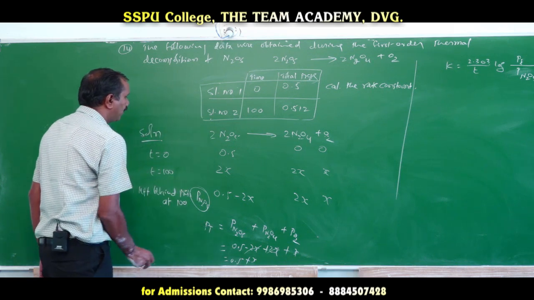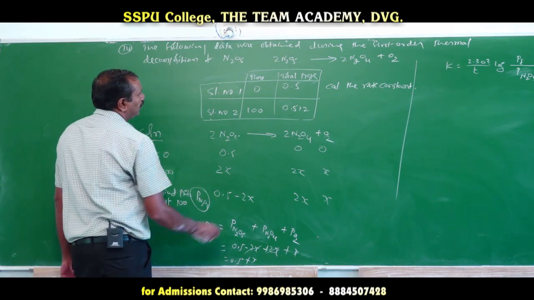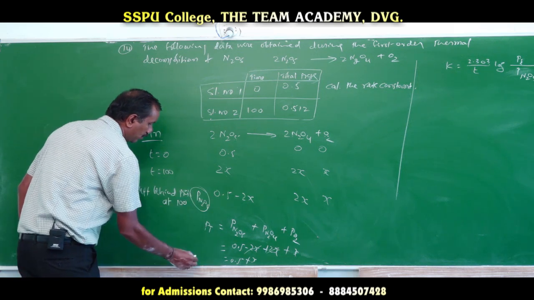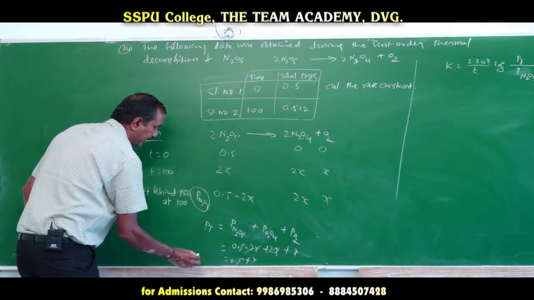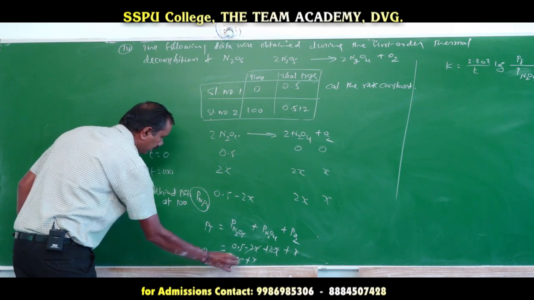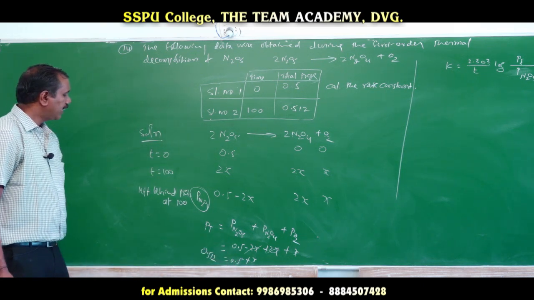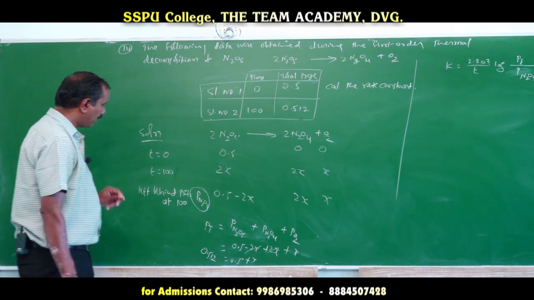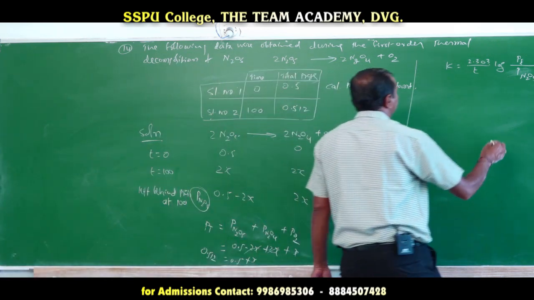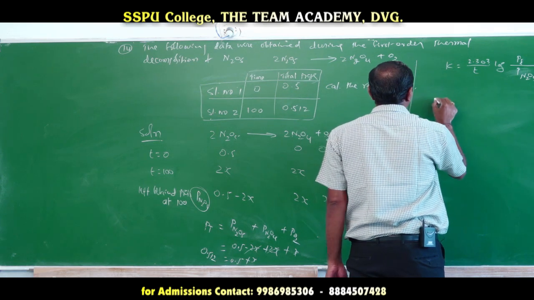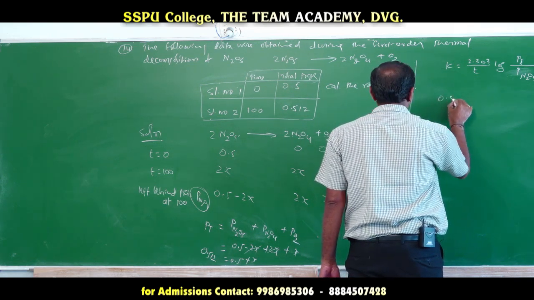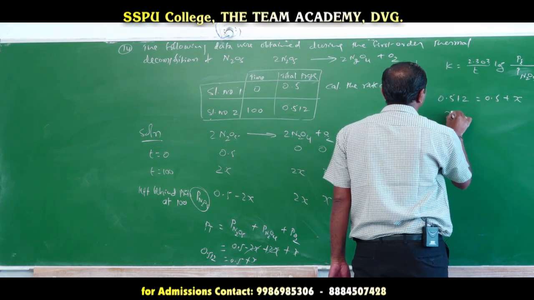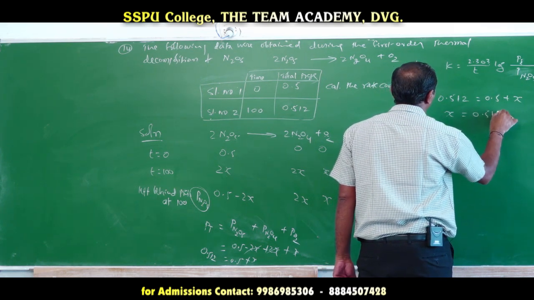So what is the P total value? P total is 0.512, which means the pressure of all the gases is 0.512 at 100 seconds. So we can find the value of x. 0.512 equals 0.5 plus x, where x equals 0.512 minus 0.5.